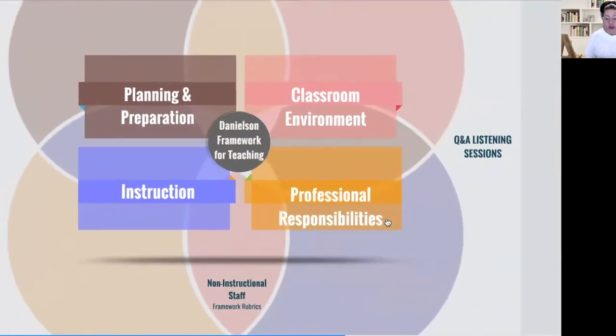The last domain is domain 4. But before going to domain 4, when we were thinking about domain 1, planning and preparation, we said domain 1 was an off-stage domain because it's generally observed and evaluated via your pre-conference. It has more to do with your planning and your preparation. Domain 4 is the other off-stage domain. This takes a look at your professional responsibilities.